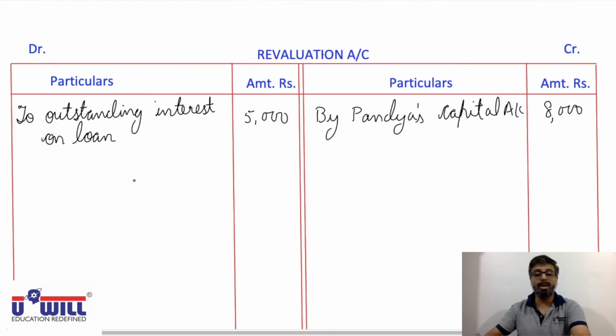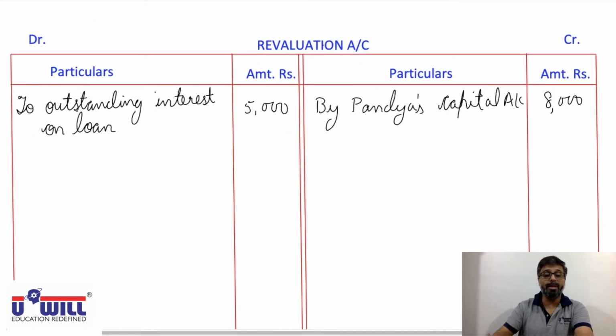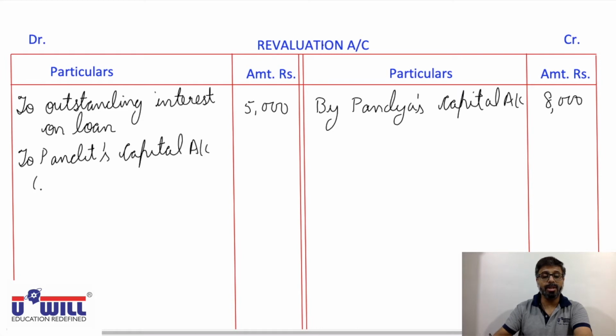Now revaluation account debit, so in revaluation account on debit side to Pandit's capital account, in bracket you can write reconstruction expense, just for understanding, amount 12,000.